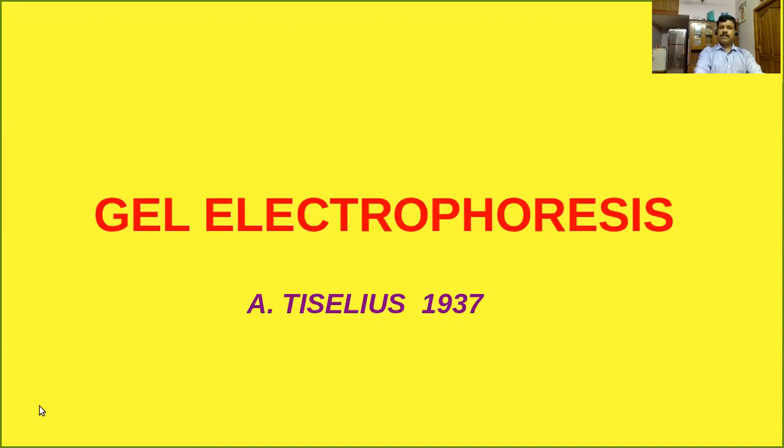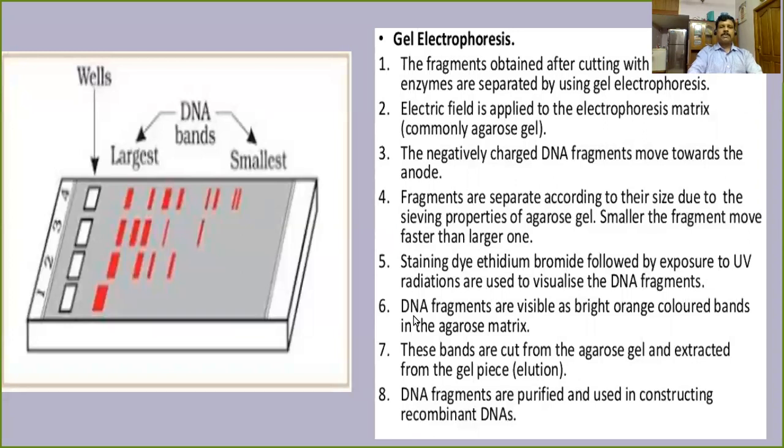The process was first introduced by a scientist named A. Tiselius in 1937. Now we are going to learn in detail the process of gel electrophoresis. I said the gel electrophoresis technique is used for the separation and isolation of desired DNA fragments.